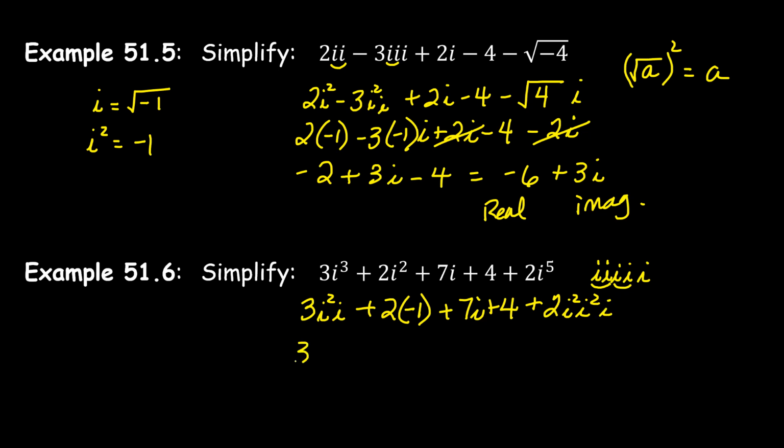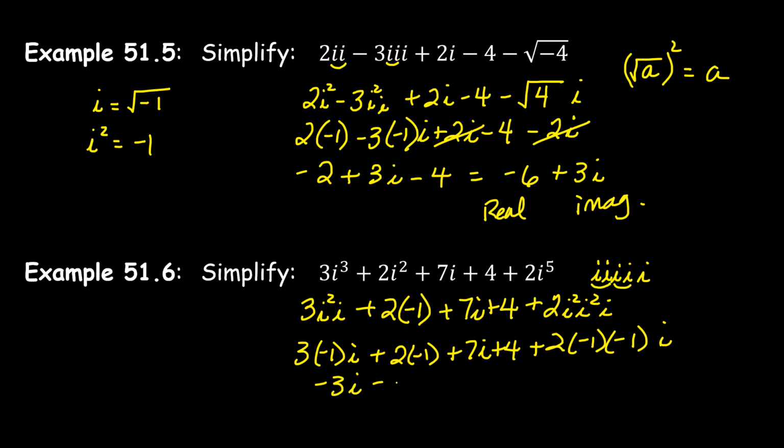So I'm going to change all these i squareds into -1s. So 2 times -1 times -1 times i. So we've got -3i minus 2 plus 7i plus 4 plus 2i.